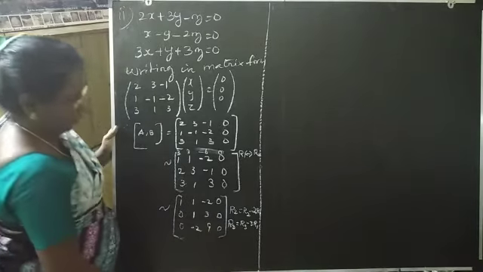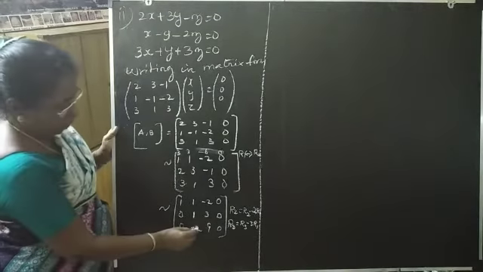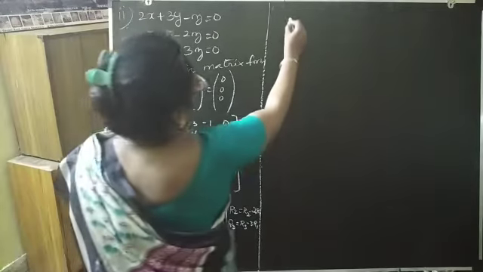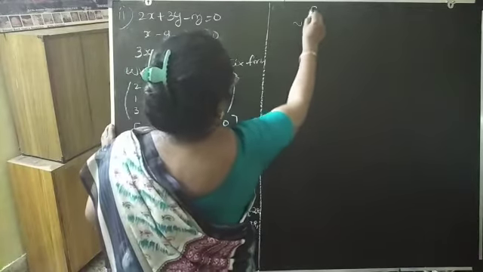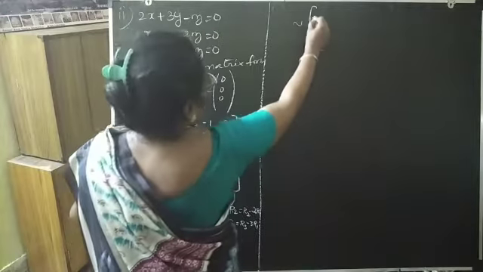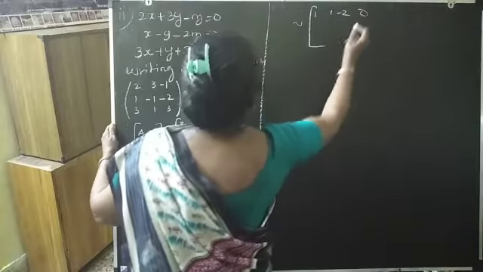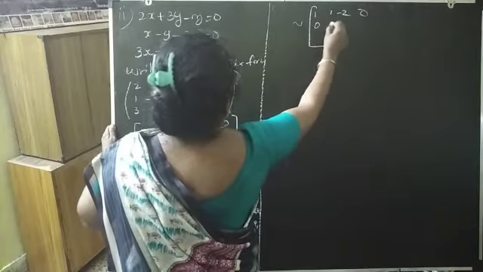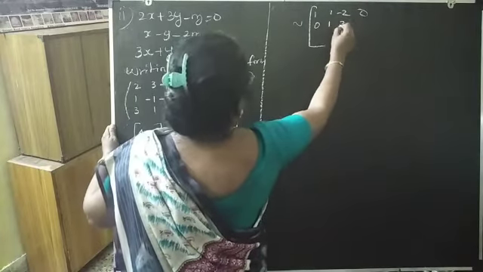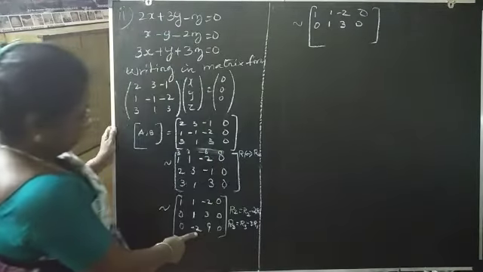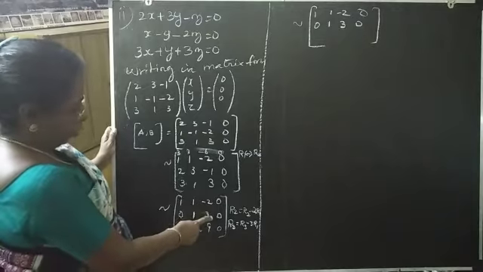This is 0. Next our aim is to make this place a 0. The other two rows you write as it is. So this is equivalent to 1, 1, minus 2, 0, then 0, 1, 3, 0. Now, to make this 0, multiply the second row by 2 and add.